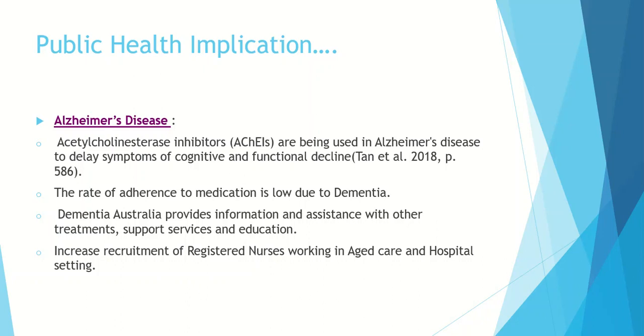Likewise, the Australian government also should focus on increasing the recruitment of skilled registered nurses who work in aged care and hospital settings, because a person with Alzheimer's disease needs very special care, and this can only be done with skilled professional registered nurses.